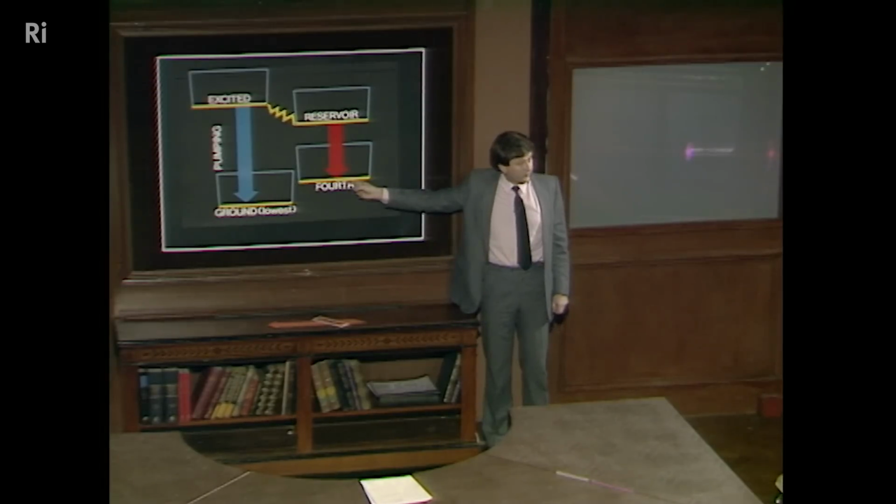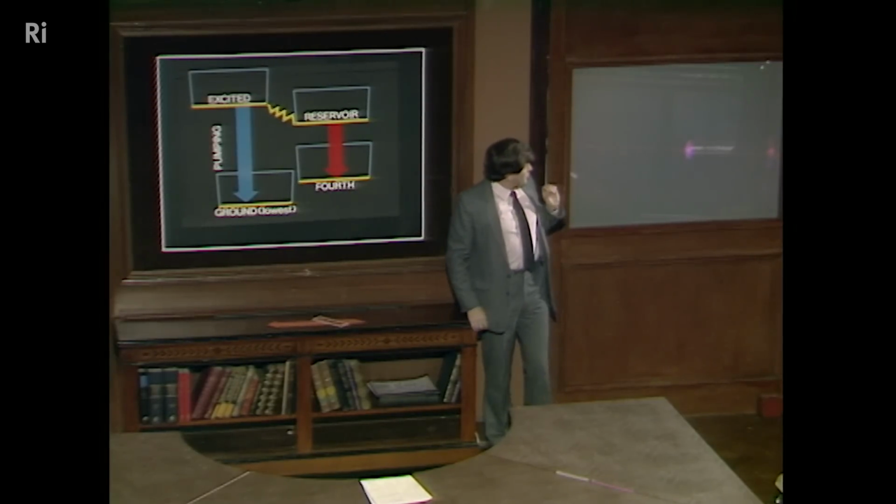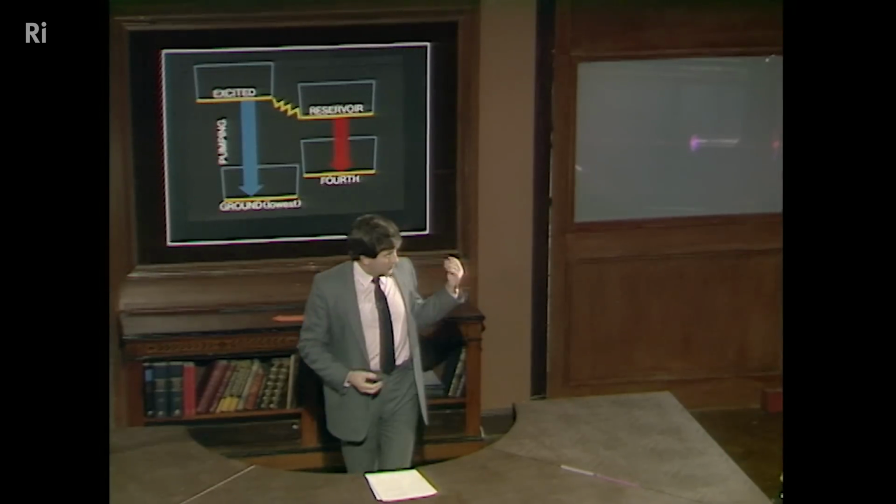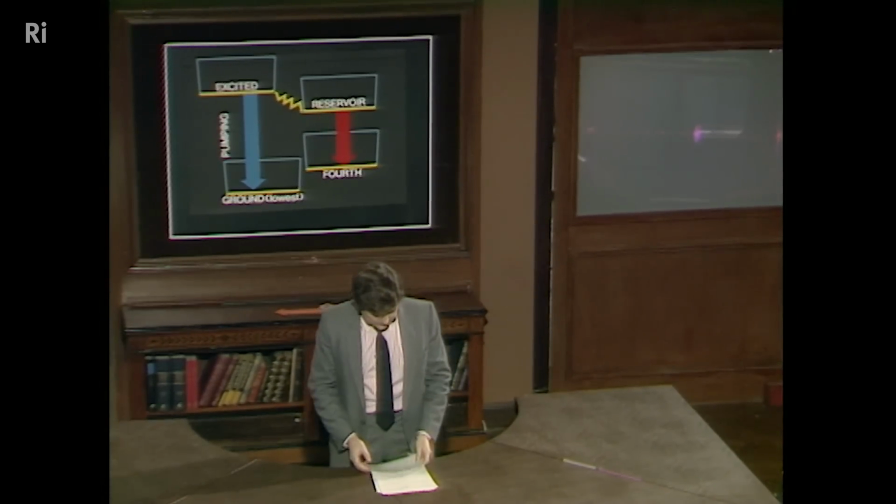Now if we uncover a pair of mirrors in this laser, you can now see quite clearly the red laser light, the red stimulated emission, which is coming between these 2 levels. So we can stimulate emission quite readily from such 3-4 level systems.